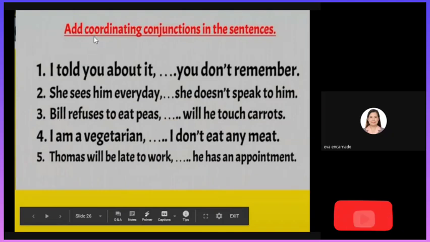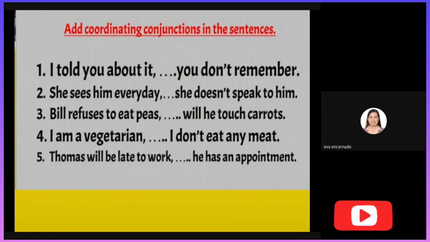Next, add coordinating conjunctions in the sentence. Okay? I-connect natin. Let's connect the two independent clauses para maging compound sentence siya. Okay? Are you ready? So I told you about it, blank, you don't remember. What could be the best coordinating conjunction to use?